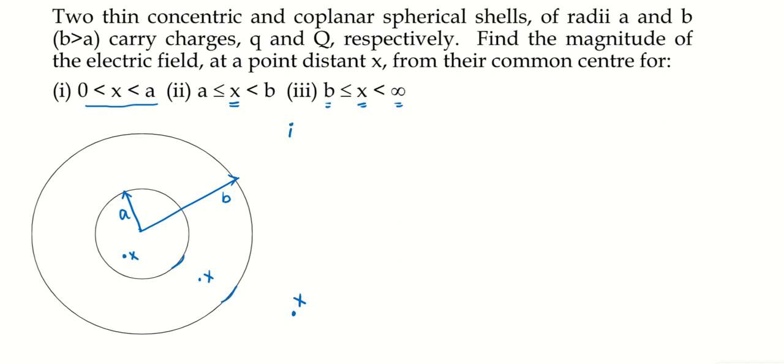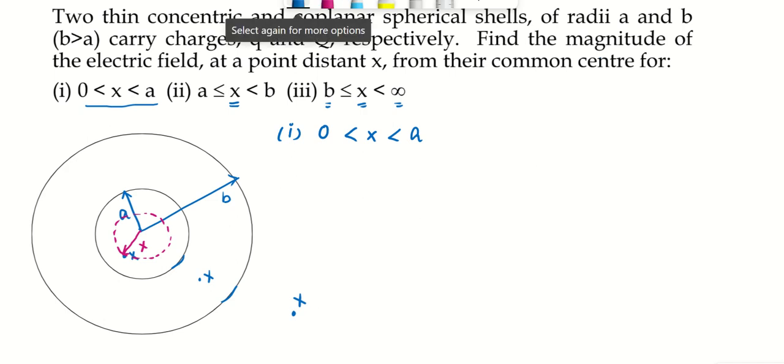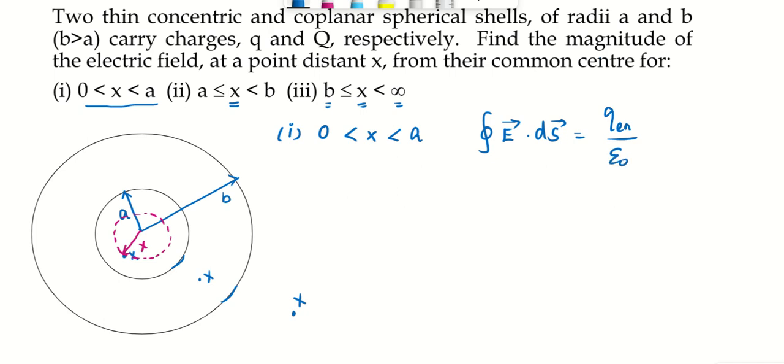So let's do the first one, where X lies inside the inner, smaller shell. Suppose this is X. I'm going to choose a Gaussian surface; this is the radius of the Gaussian surface, that's X. Now we write Gauss law: the integral of E dot dS equals q enclosed divided by epsilon naught.